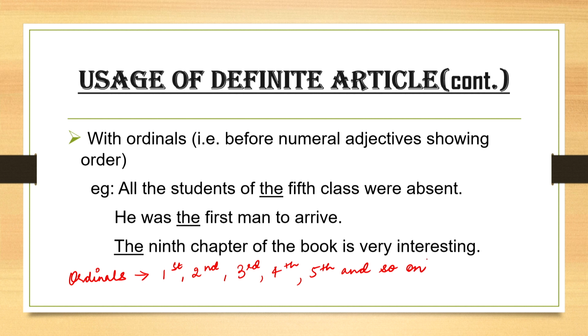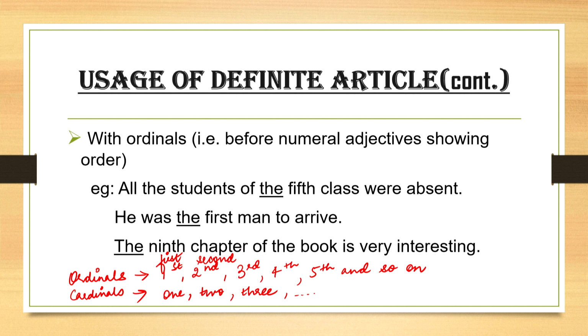So, these numbers are your ordinals. And cardinals are numbers like 1, 2, 3, and so on. These are called your cardinals, and first, second, third, fourth, fifth, and so on, these are your ordinals.